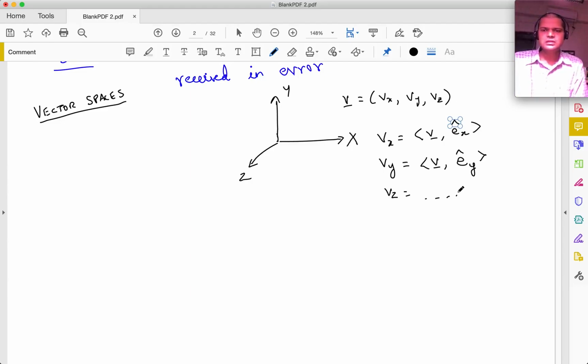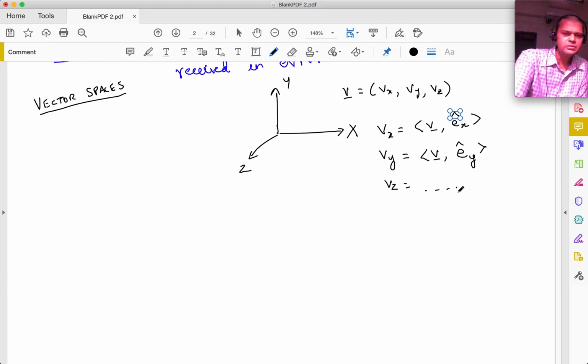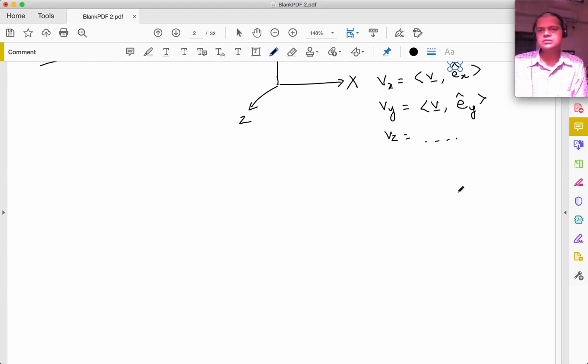So this is the traditional vector space that we are all used to. So what has this got to do with the signals that we are transmitting? It turns out that you can write these signals also in a vector space.